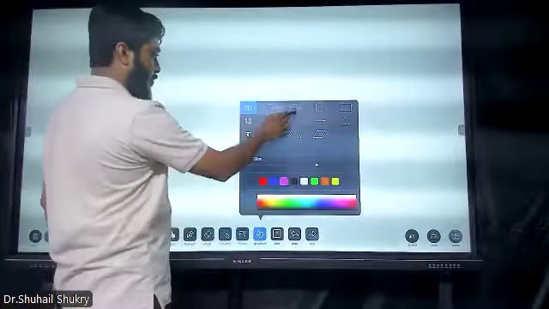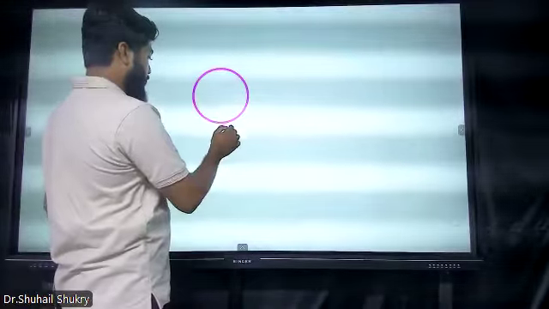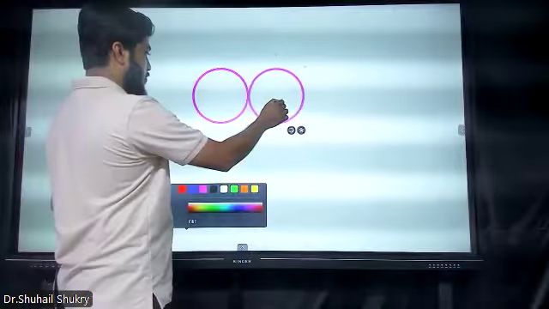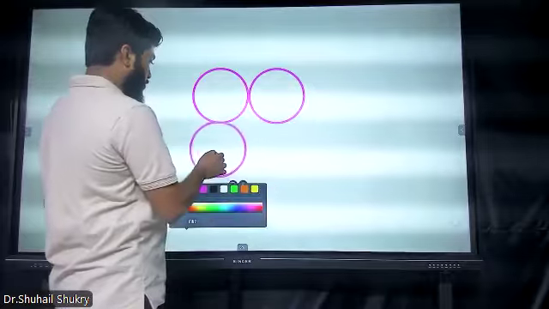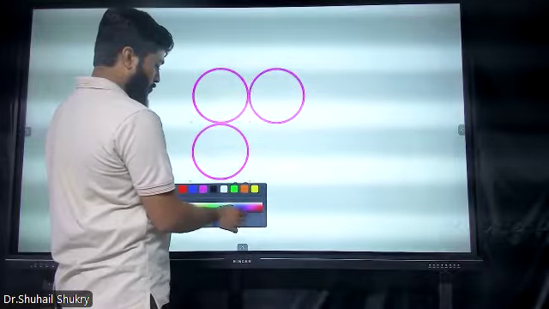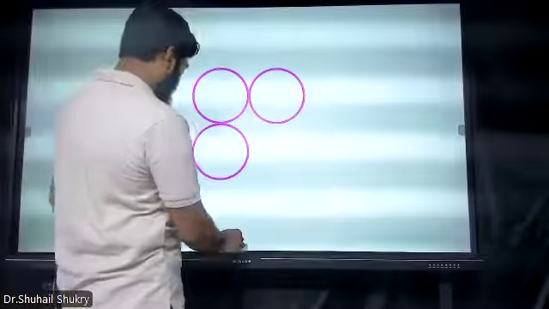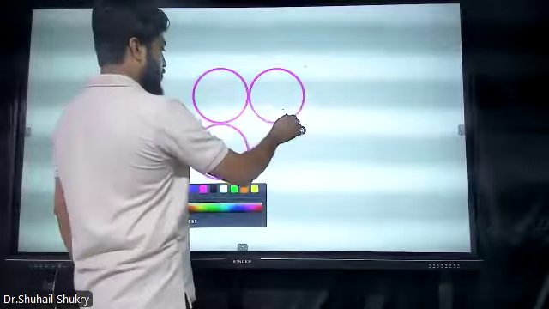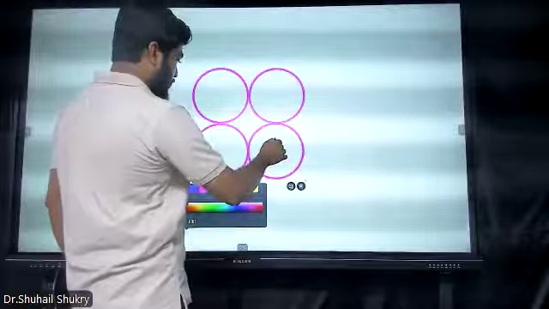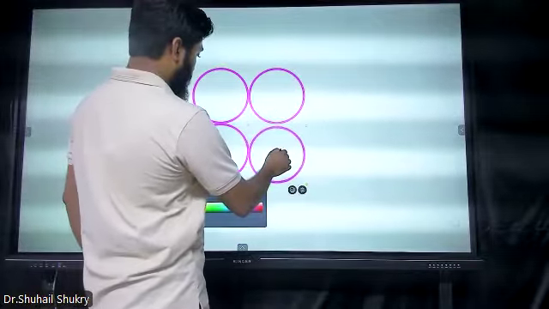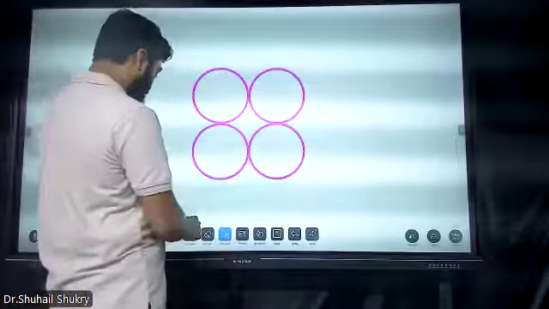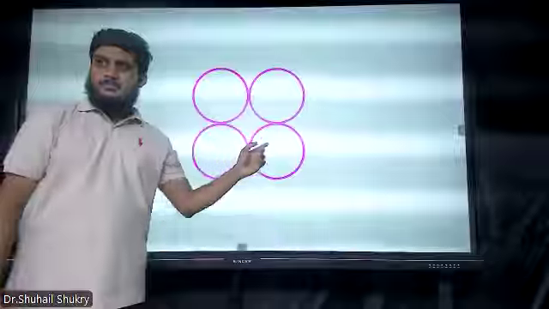Metals are arranged like this. This is sodium metal, and these are sodium atoms.